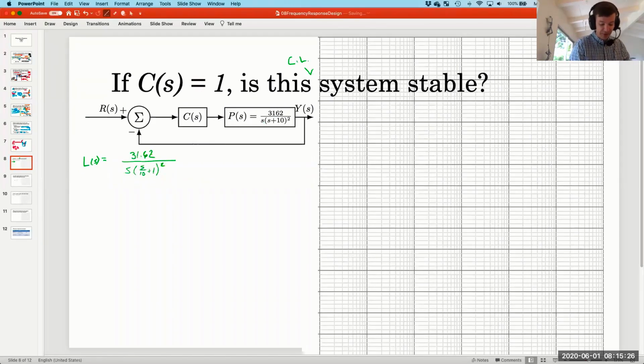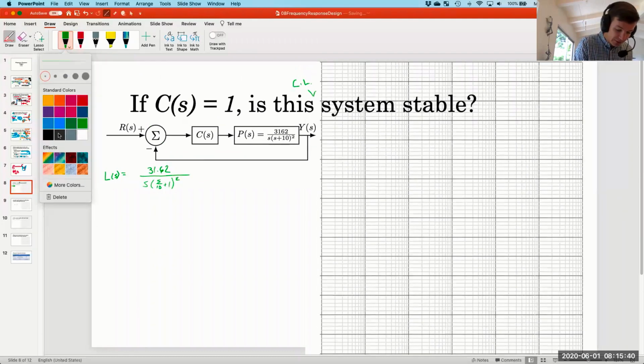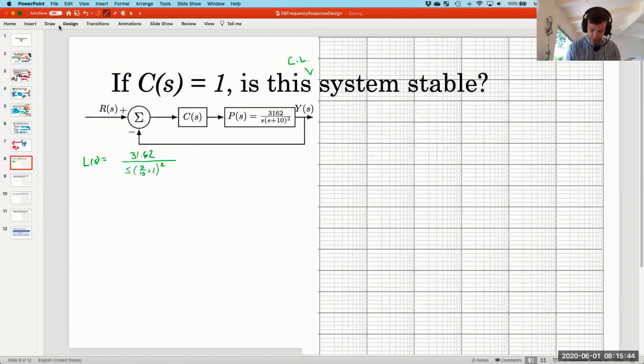Okay, so now I see four ingredients in this transfer function. I see a constant, I see an integrator, and I see two real poles that happen to be at the same frequency. So let's go ahead and note where the frequencies are going to be. So let's put, I guess we'll put it up here.